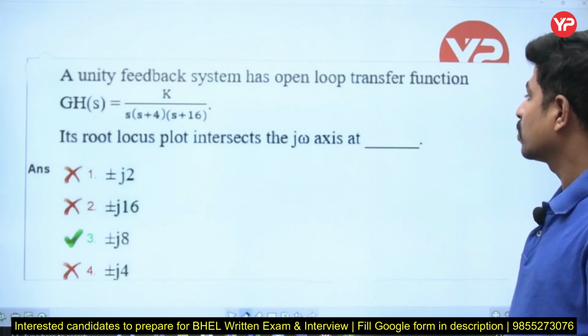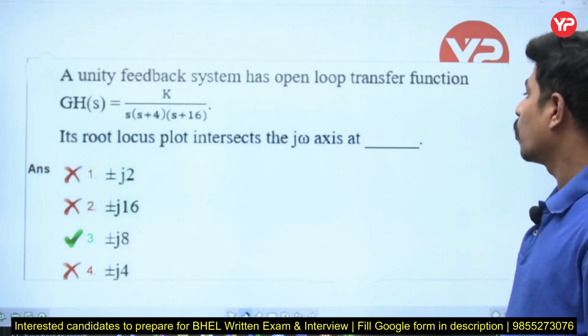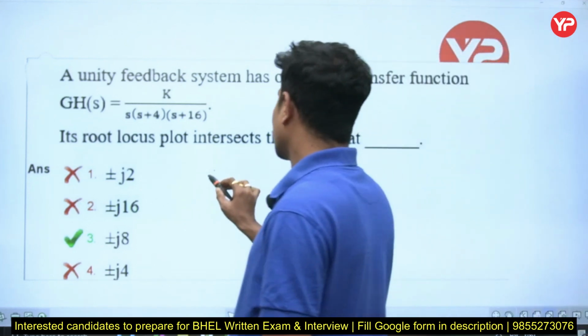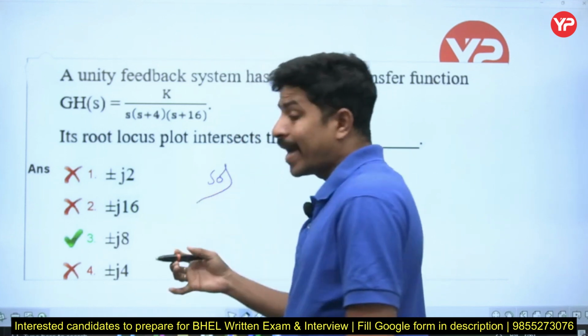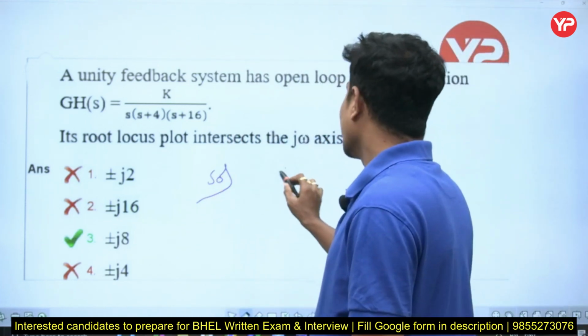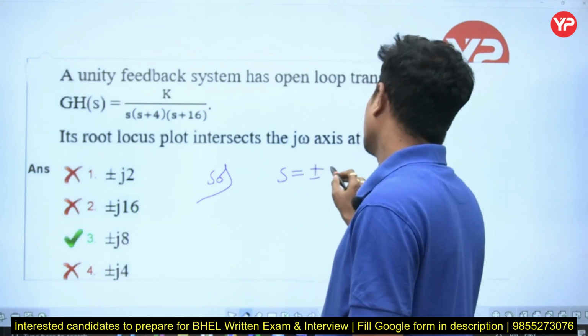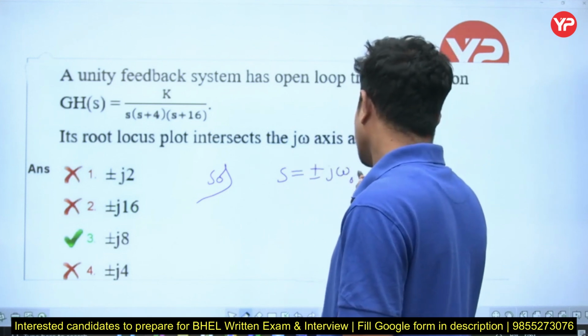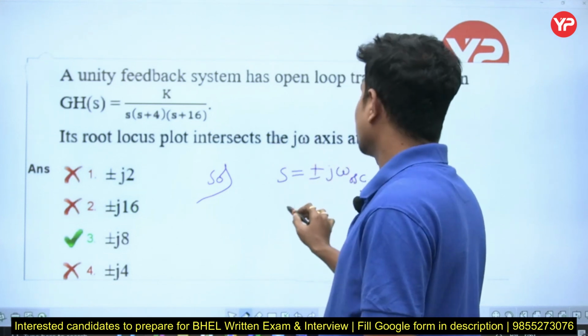The point at which the root locus intersects the j omega axis is s equal to plus or minus j omega oscillations. What is omega oscillations?